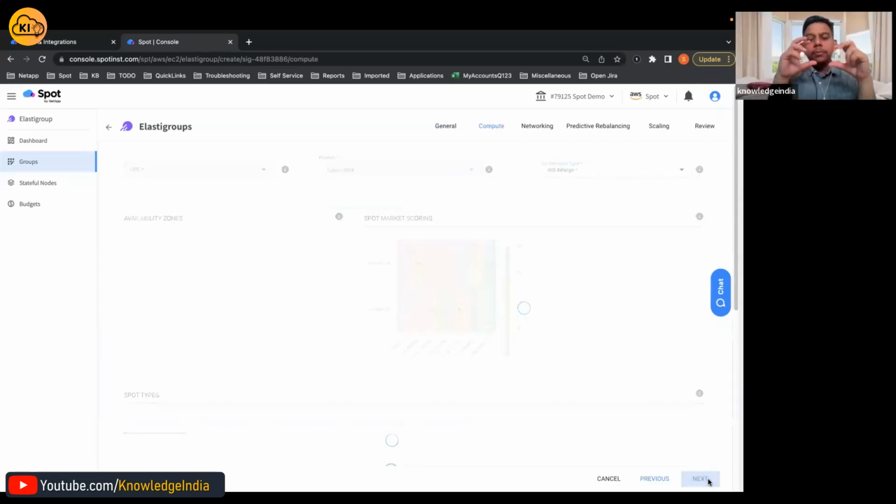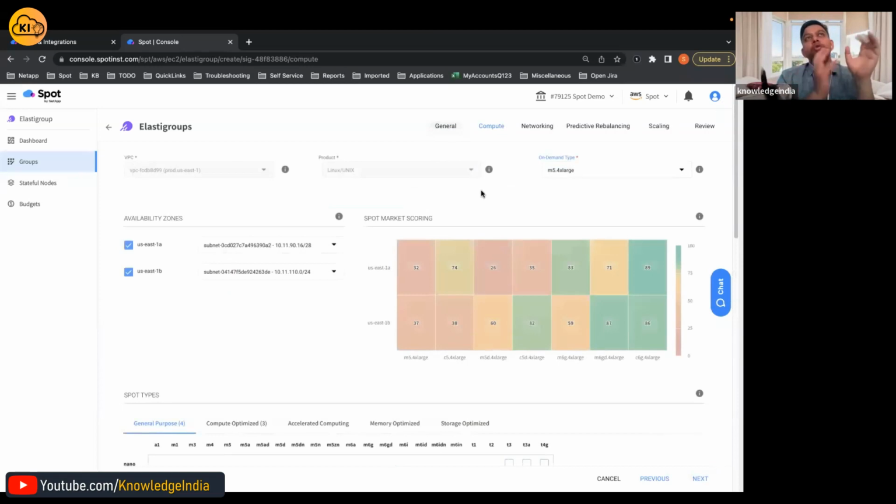If I'm understanding it right, the scope of one Elastigroup is one region. Yes, correct. An Elastigroup is defined on a single region. I do not think any cloud provider at this point provides the capability to run an application that goes beyond a region, but you can run it in a region within multiple availability zones.